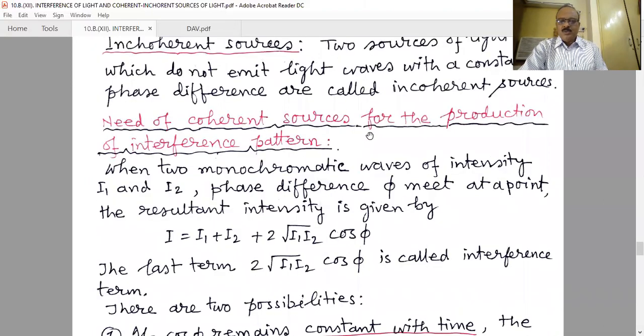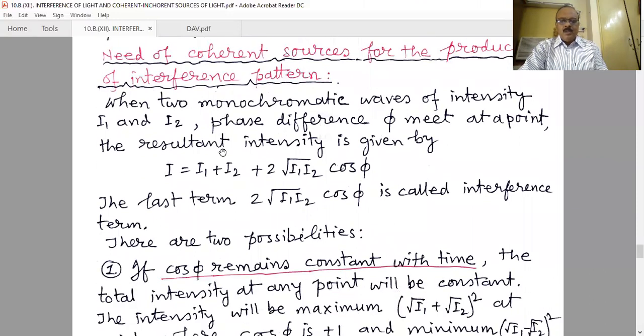Need of coherent sources for the production of an interference pattern. Why do we require coherent sources? Otherwise, we cannot observe the interference pattern. And why in our daily life do we several times observe light coming from two different sources, even if they are of the same color, but we cannot get interference on the screen? Why?